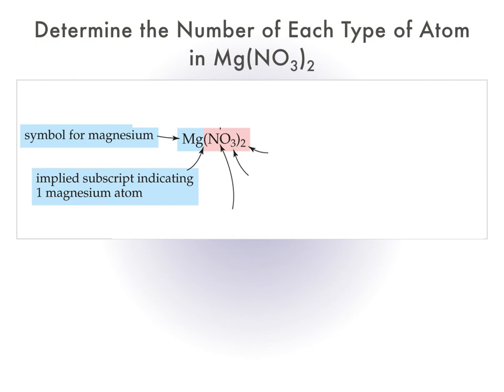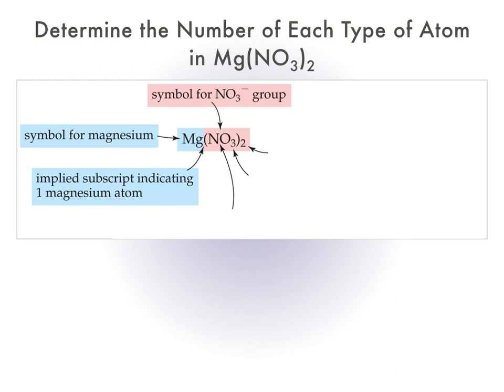Then we have parentheses, and within the parentheses, we have what's called a nitrate group. We will learn about these polyatomic anions later on, but because it's within parentheses, the NO3 is a group, okay?